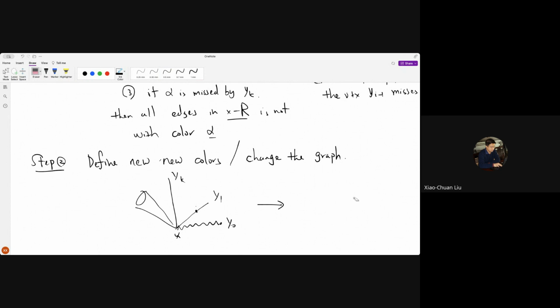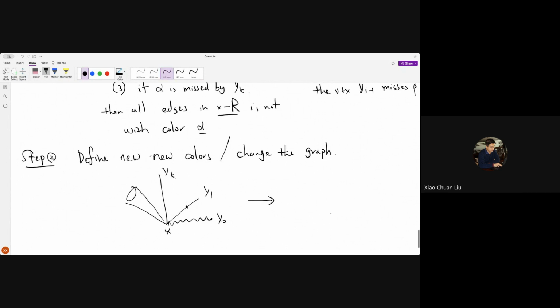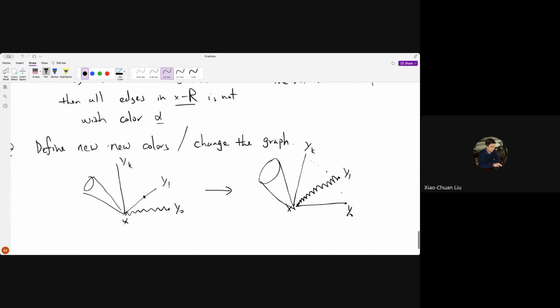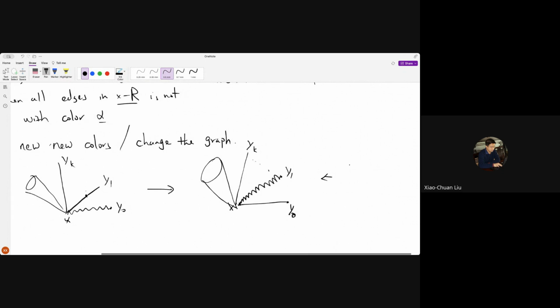So what happens is that in my new graph, x y0 has an edge, but x y1 has no edge. Okay, and the remaining part I don't change. So here is yk, and here are all the remaining vertices. So I change my graph: I move this edge with its color together to y0. So this is called a coloring C1.